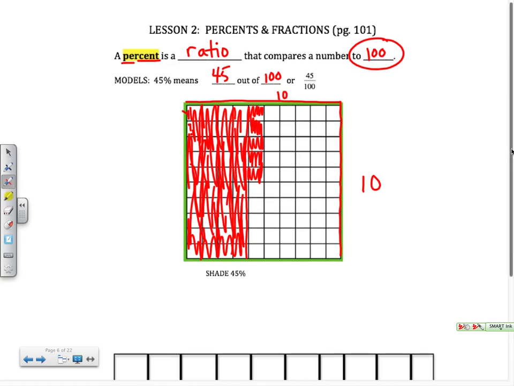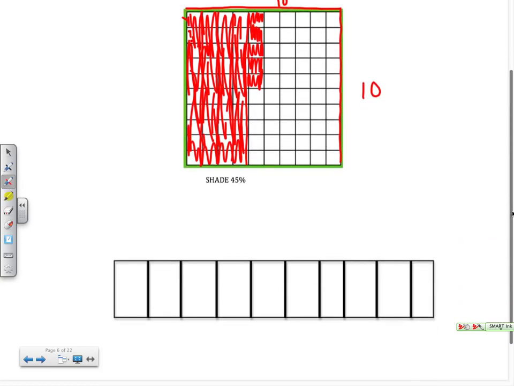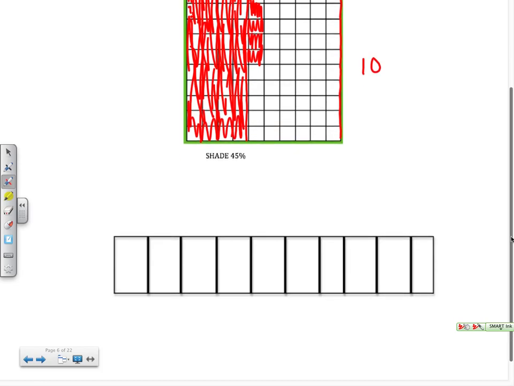Another way of looking at it using a model is a bar here. If you notice, I've divided this bar into 10 equal sections. They should be equal. So the whole entire thing represents 100%. So starting here, this is 0%. Going all the way to the end, the whole thing shows me 100%.